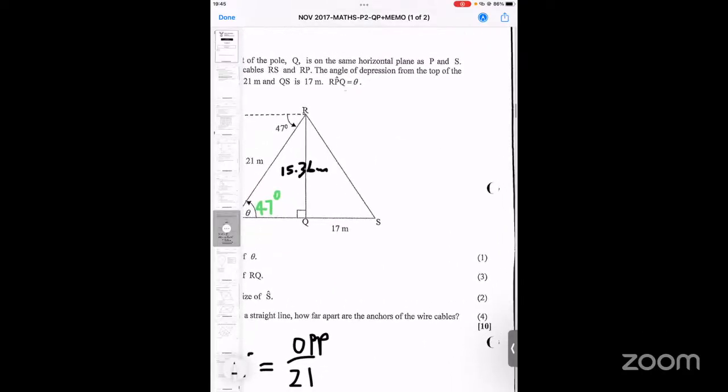So the opposite is going to be 15.36, and then the adjacent is going to be 17. So it's 15.36 over 17. And then the answer is going to be 0.90. So basically 0.9.